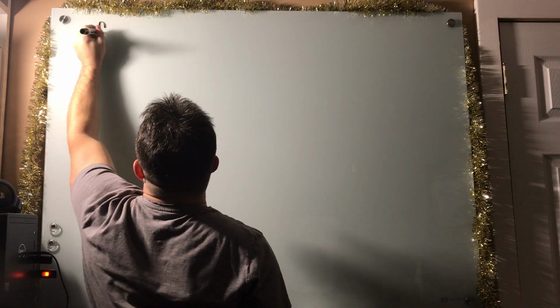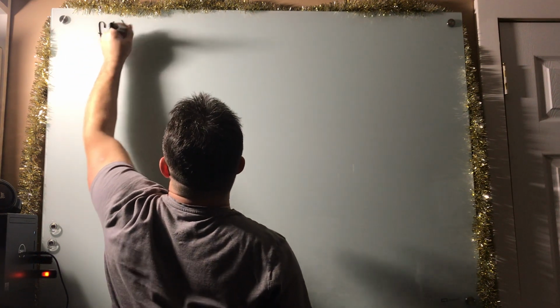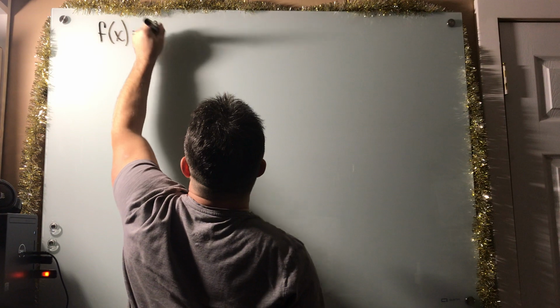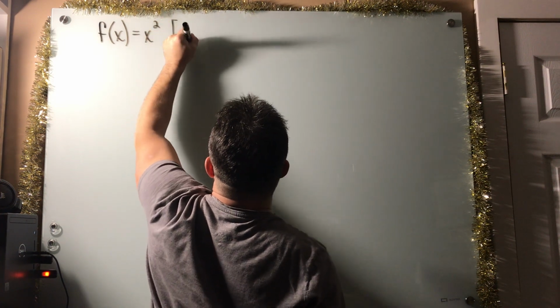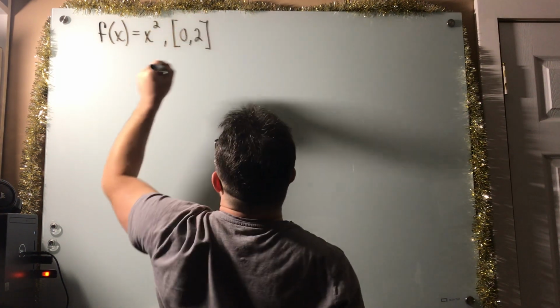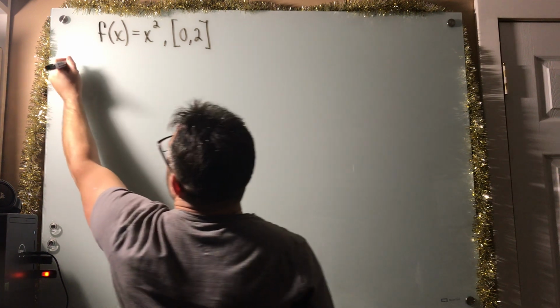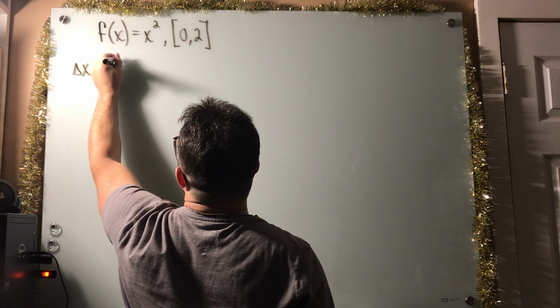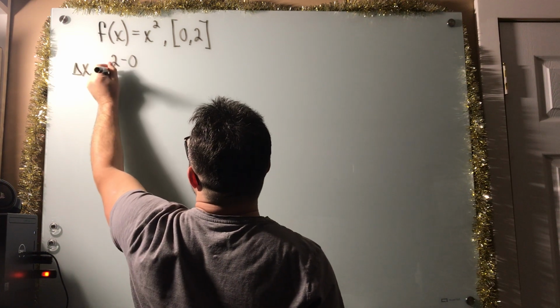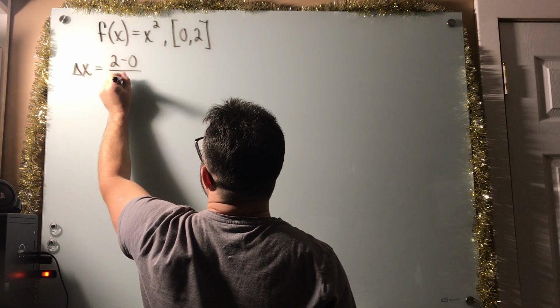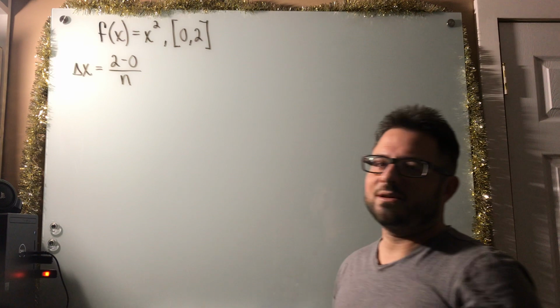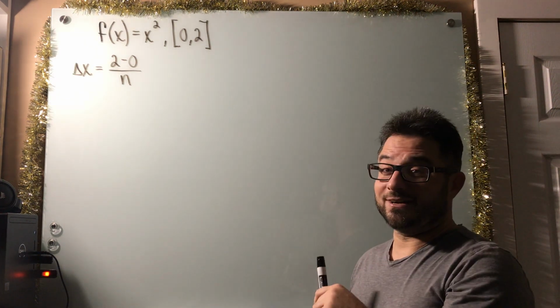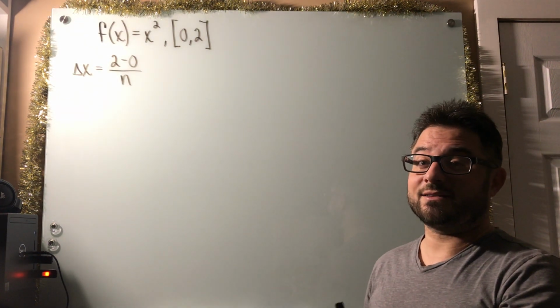We've got the function f of x equals x squared on the interval from 0 to 2. Delta x is still going to be the total width of the interval divided by the number of rectangles. But this time, we're going to leave the number of rectangles as n.